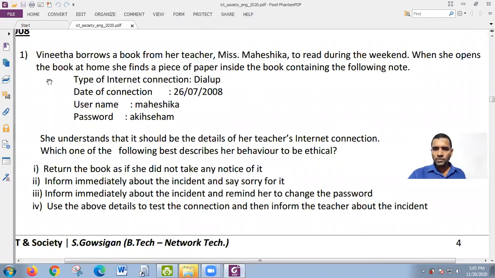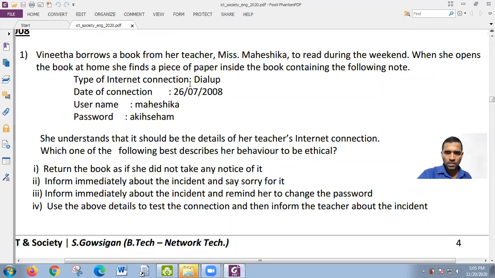When she opens the book at home, she finds a piece of paper inside the book containing the following note. So Vinida borrows a book from her teacher, and when she opened it, she found a piece of paper which has some information. Look at them. These are the things found on the piece of paper.